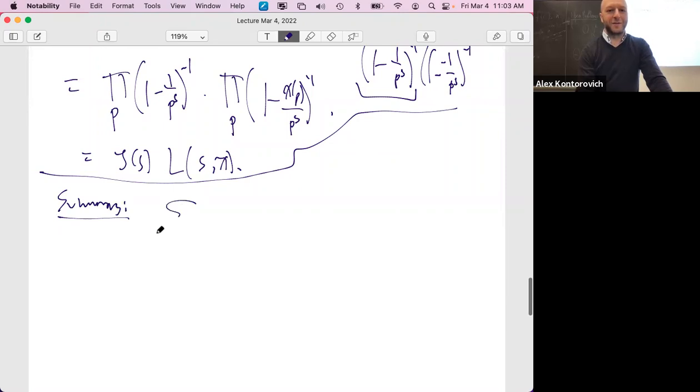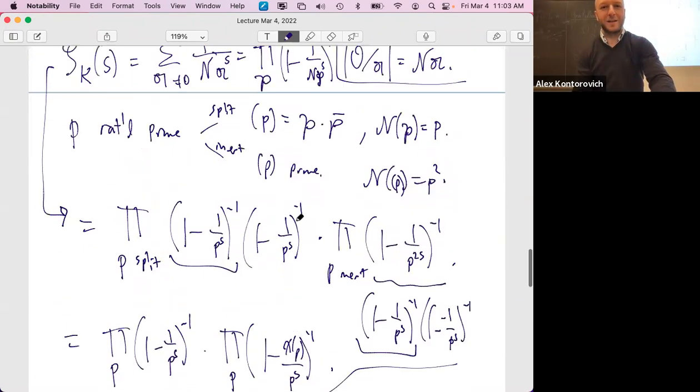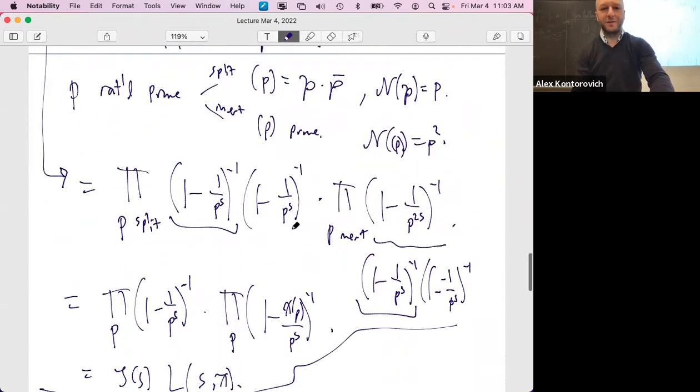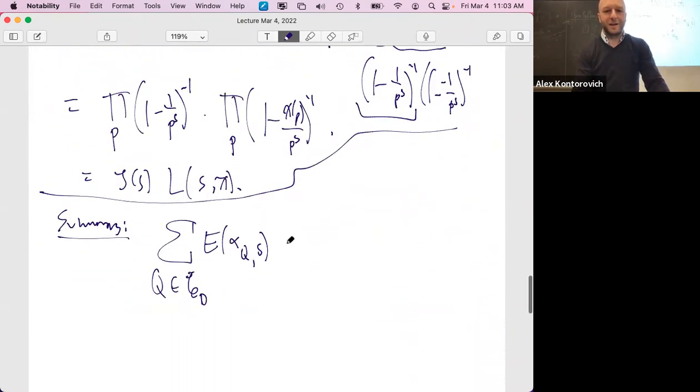So to summarize, so far we've shown that if you sum quadratic forms up to equivalence over the class group, E of alpha Q s. Now something's a little funny, and I don't know where I lost a factor of zeta of 2s. These should be E stars actually, because we've been writing E instead of E star.